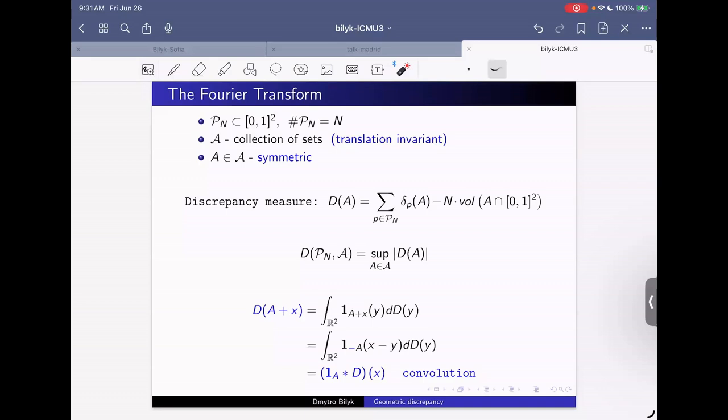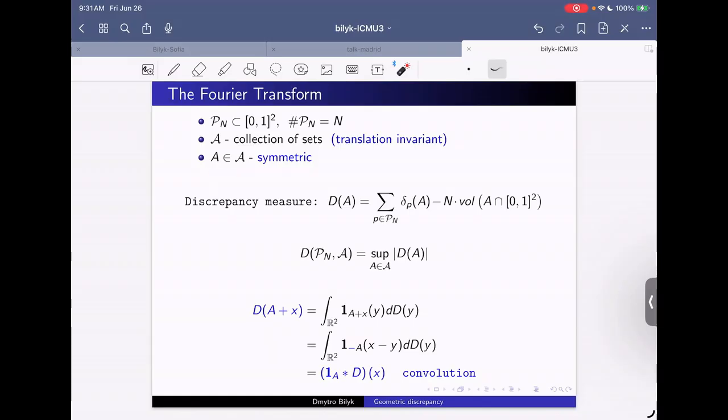So for example, the family of squares is translation invariant. You take a square, translate it, it's still a square. And we'll start with a set that is symmetric. So let's start with something that lives at the origin, that's symmetric around the origin or symmetric around any point. This assumption is not super important.